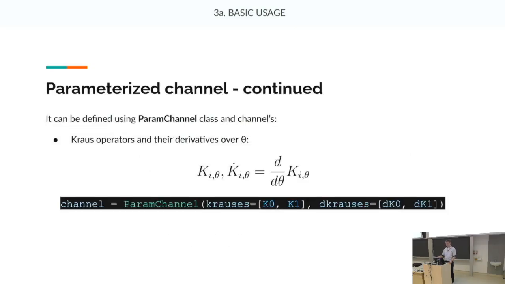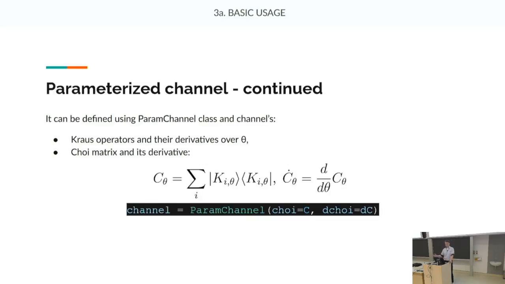OK? So first, to use this channel in our computations, we need to instantiate an object of a ParamChannel class. And we can do that in various ways. So for example, we can do that using our Kraus operators and their derivatives in the parameter theta. Here you can see the code. But we can also use the Choi matrix of this channel, if this is more convenient.